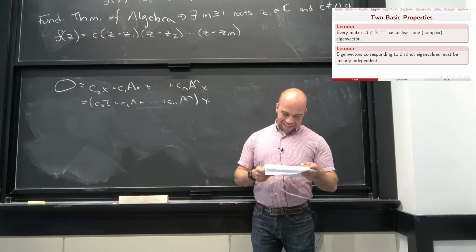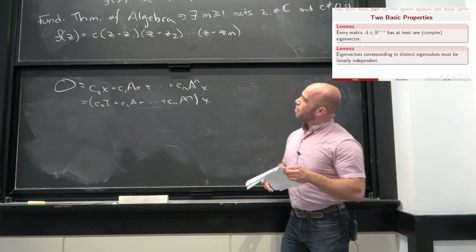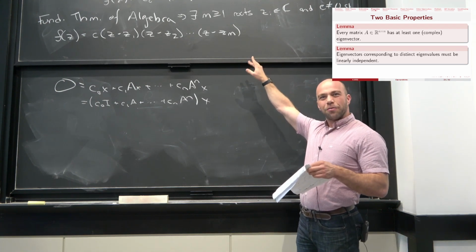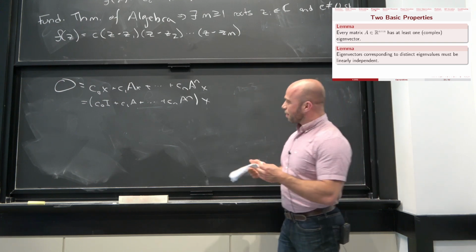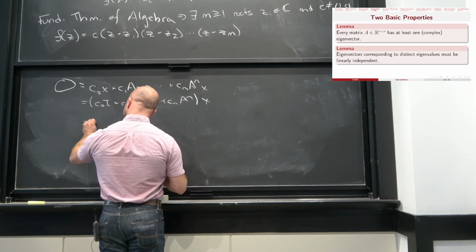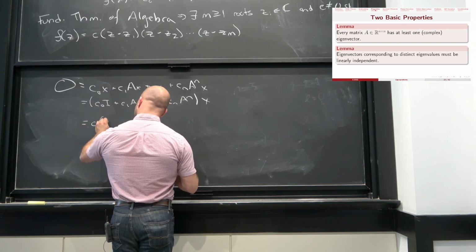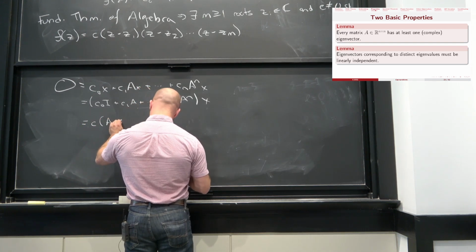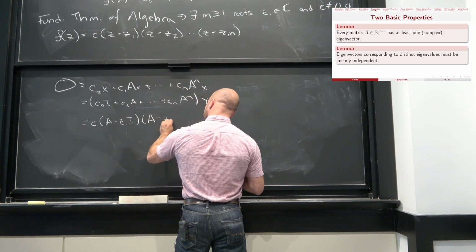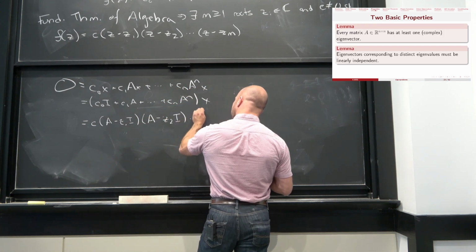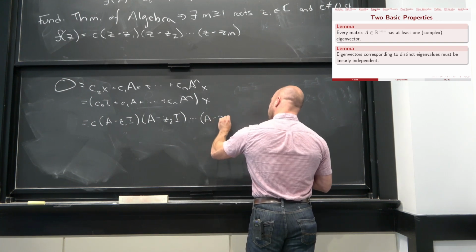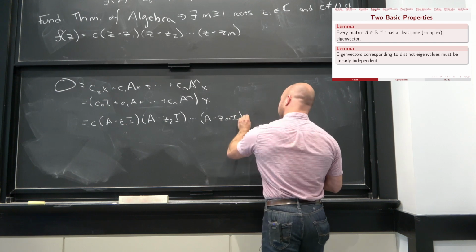And here's a really sneaky thing that we can do. We have this equality between functions f, right? We have two different forms for f. You can very easily convince yourself that because of that, we can actually write the following. This is equal to c times a minus z1 times the identity, a minus z2 times the identity, and so on, times x.